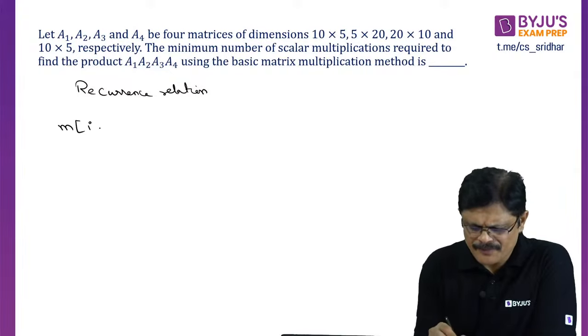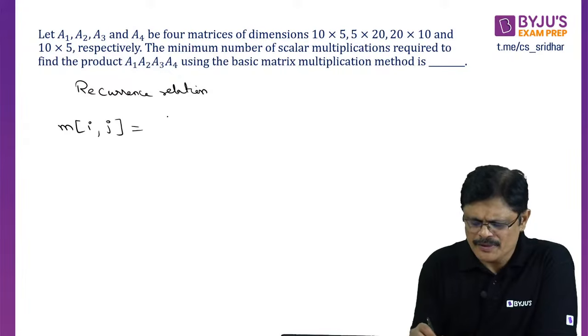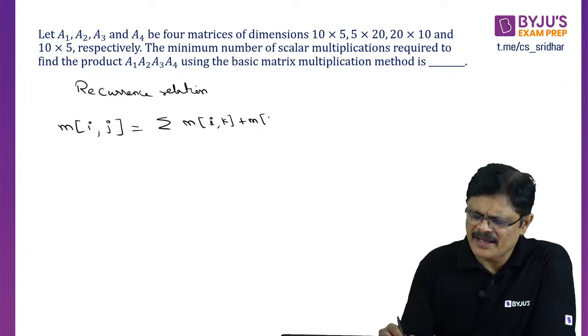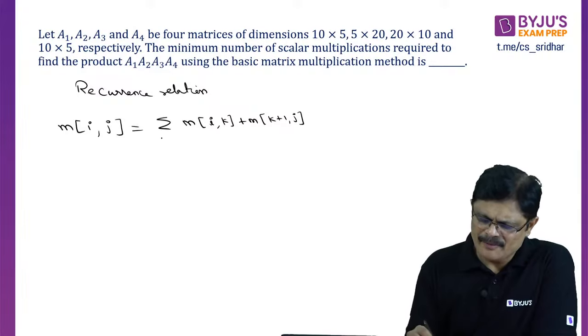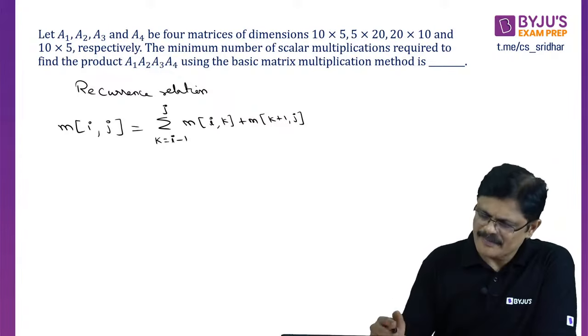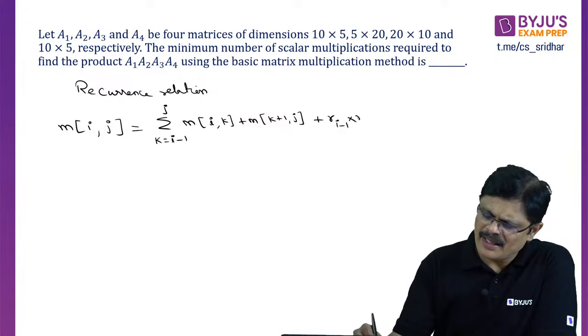Mij is equal to sigma Mik plus Mk plus 1j, where k varies from i minus 1 to j, plus Ri minus 1, Rk, Rj.